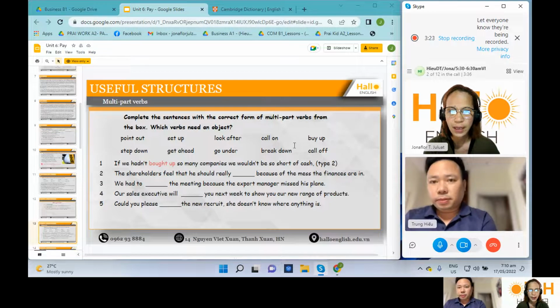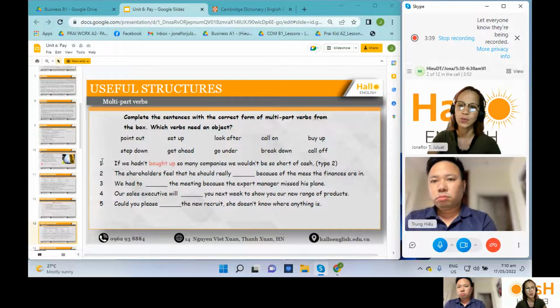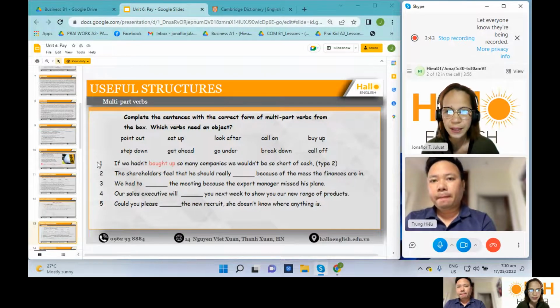So buy up is the multi-part verb to use to complete the sentence. So it is type 2 of multi-part verb, with an object. Company is the object. Okay. Number 2.